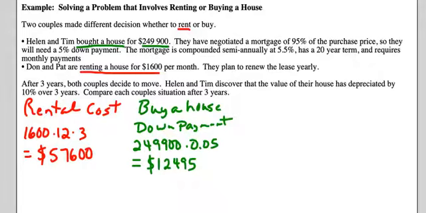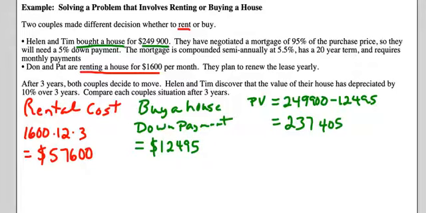And then you'd have to pay your monthly mortgage payments. So in order to do that, we have to figure out how big of a mortgage we will have to have. Since we put down $12,000 as our down payment, we are left with $237,405.